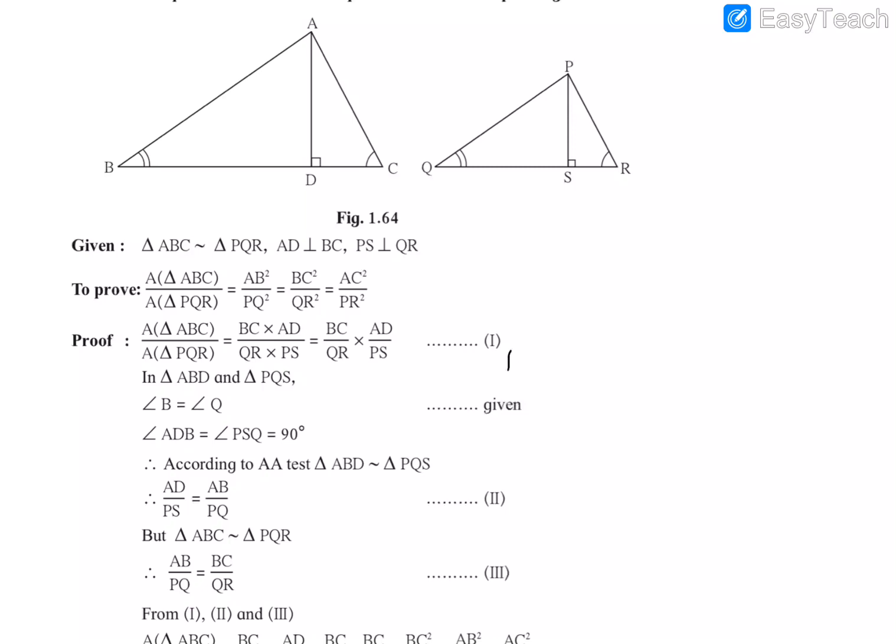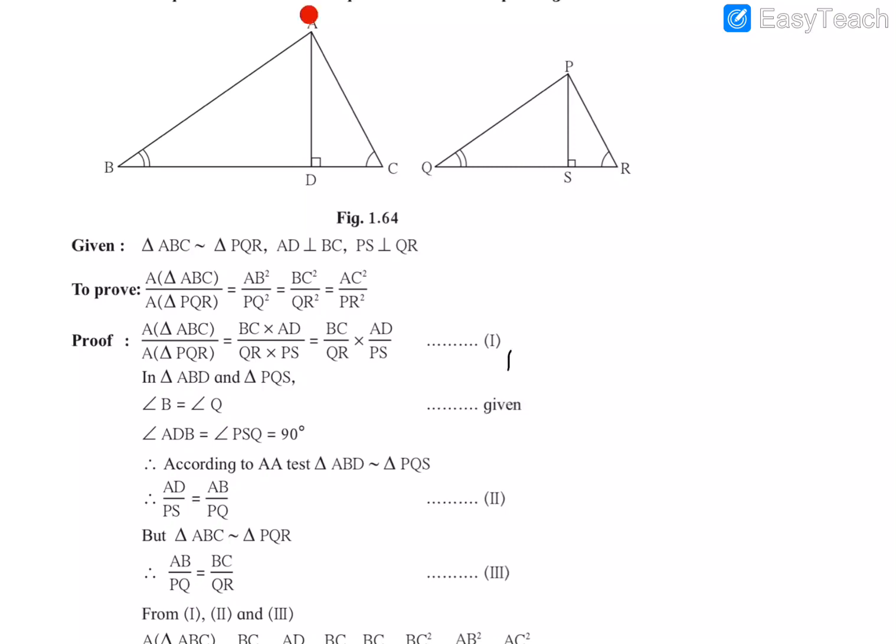Now we are considering the whole triangles ABC and PQR. It's already given in the theorem that both these triangles are similar. In the statement of the theorem, you can see it is given that triangle ABC is similar to triangle PQR. So all three corresponding sides of both triangles will be in proportion.